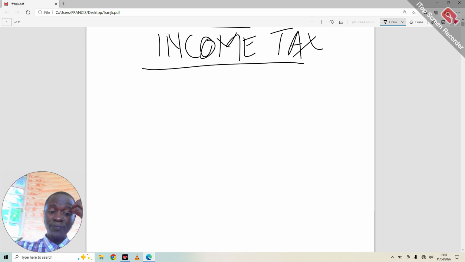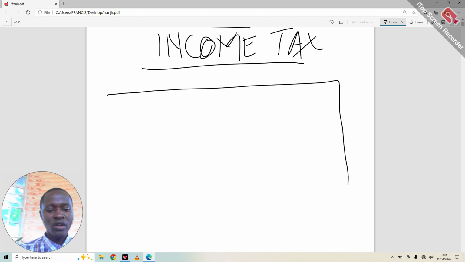The question reads, the table below shows income tax rates that were used in 2011. So let me draw the table before I continue reading.